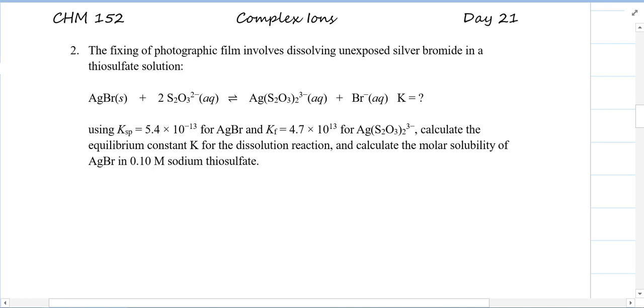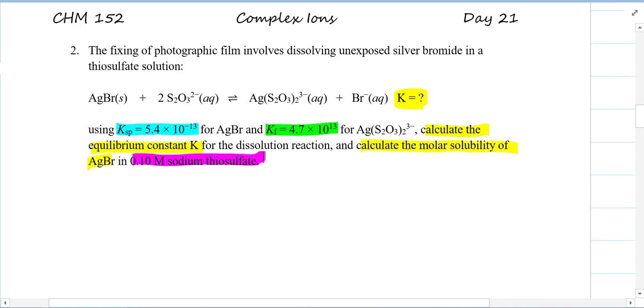There's two pieces of information that they give us. They gave us a Ksp and a Kf. We need to calculate the equilibrium constant K for the dissolution reaction and calculate the molar solubility of silver bromide in 0.1 molar sodium thiosulfate.